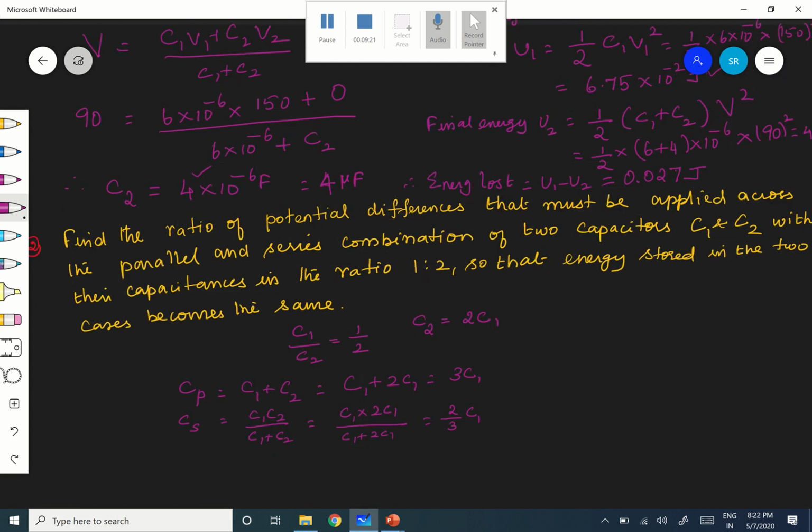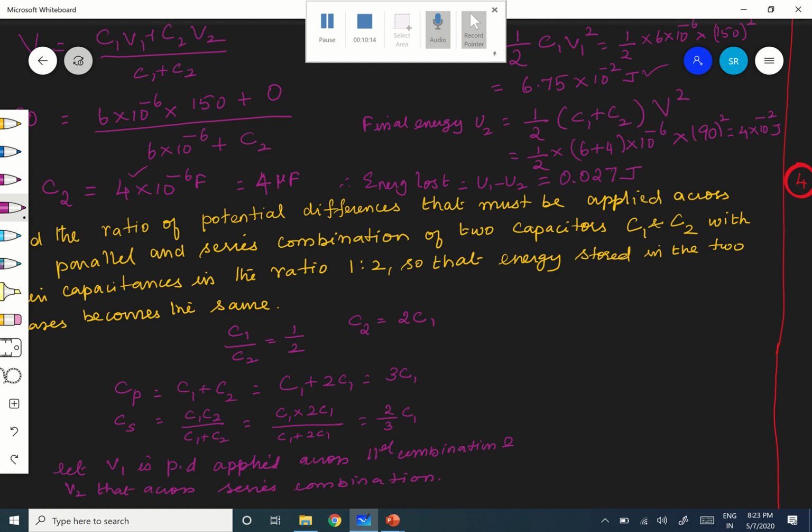Let V1 be the potential difference applied across the parallel combination, and V2 across the series combination.